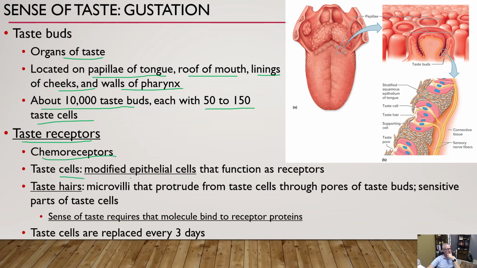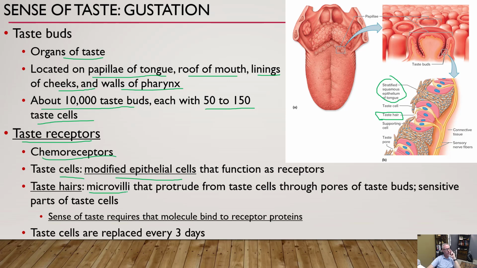Our taste receptors, obviously, are tasting chemicals. Your taste cells are basically modified epithelial cells. You can see here there are a bunch of stratified squamous epithelial cells. And then you can see here that we have these taste hair cells.